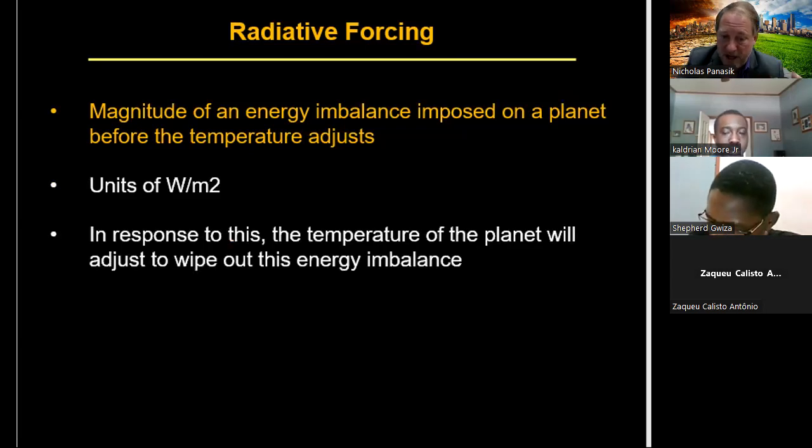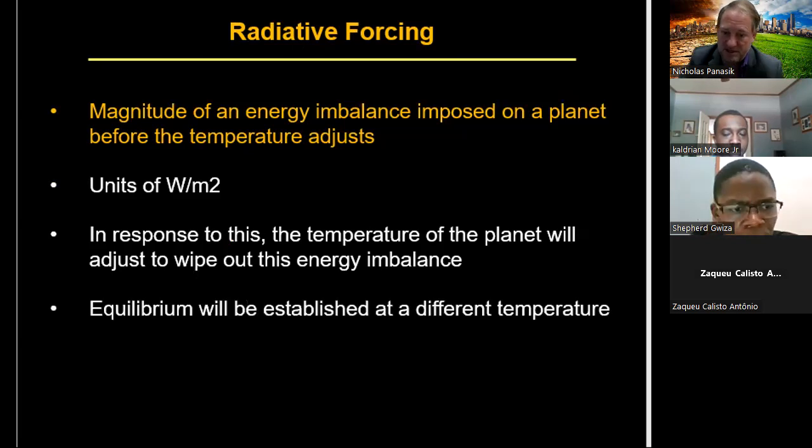And we know that in response to this energy imbalance, the temperature of the planet will adjust to wipe out the energy imbalance. But radiative forcing is that difference in number that tells us how much it is responding to. Eventually, equilibrium will be established at a different temperature, but the radiative forcing is the magnitude of the imbalance that has to be wiped out before the temperature can finalize.